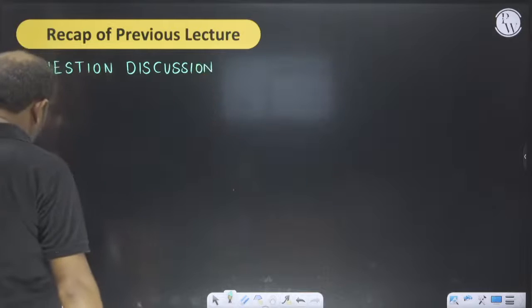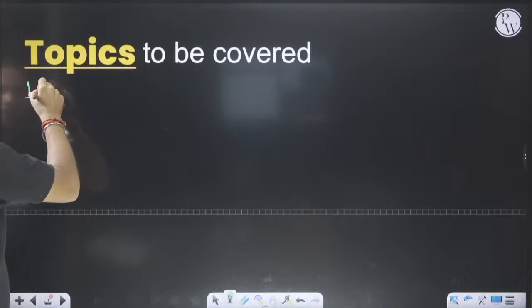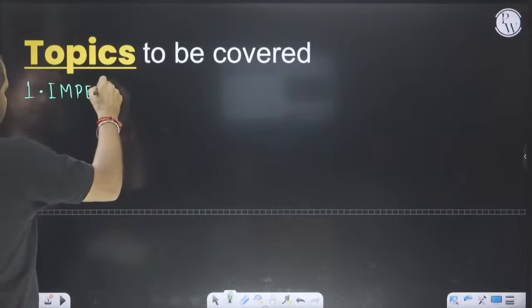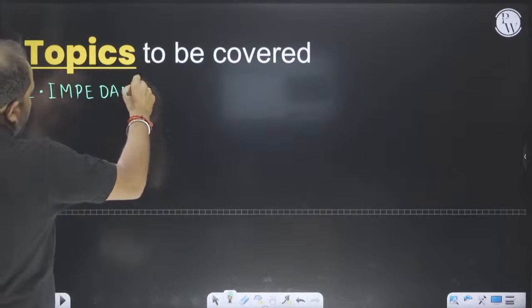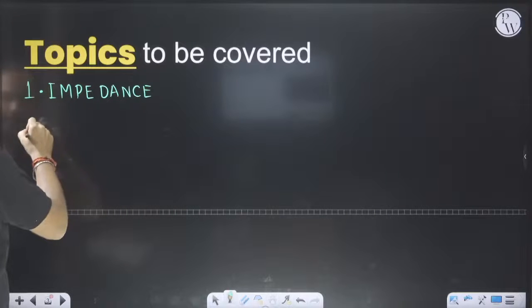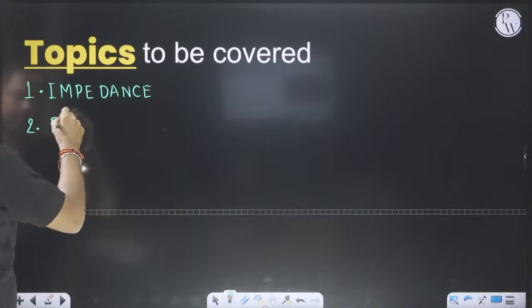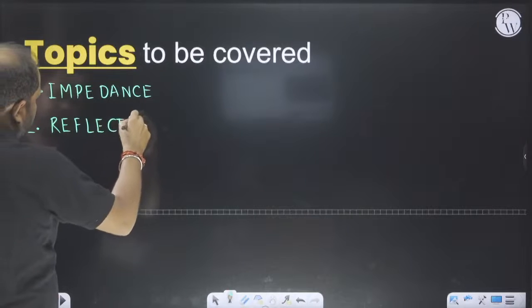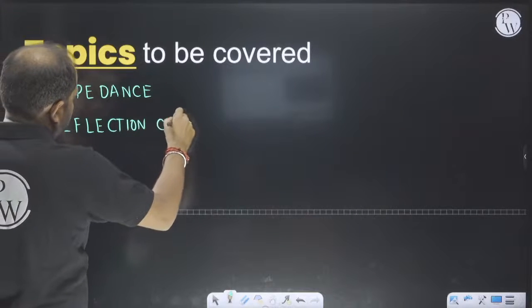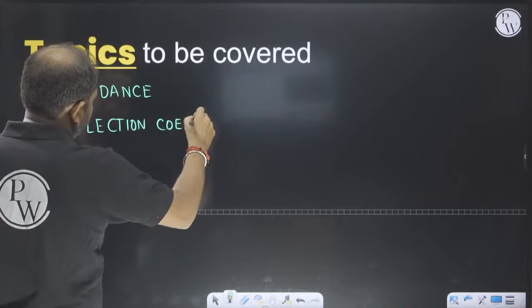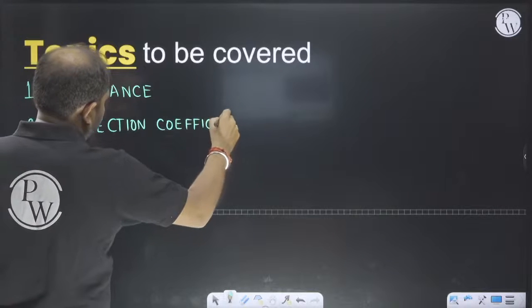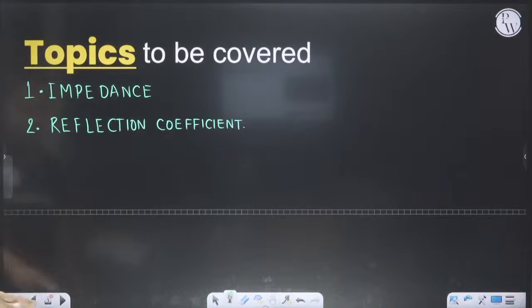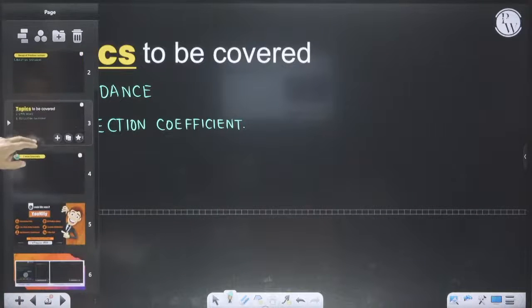Today we will do impedance and reflection coefficient.